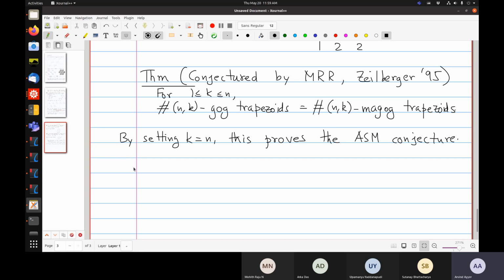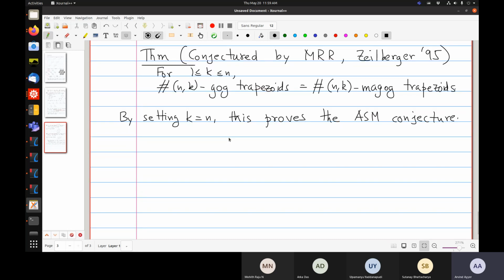For example, one trivial case: k equals n minus 1 is implied by k equals n.